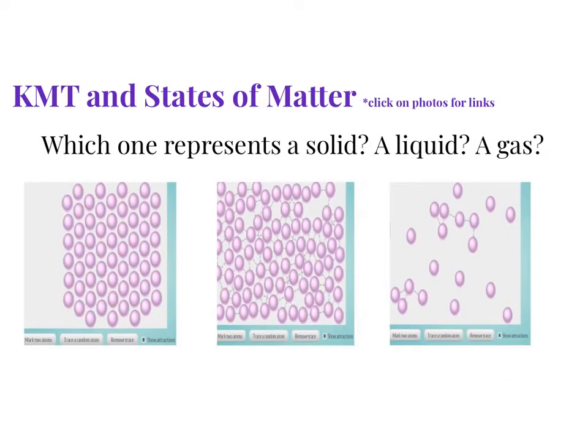So take a look at these pictures now. One represents a solid, one represents a liquid, and one represents a gas. And think back to what you know about how the molecules are arranged in a solid, liquid, and gas. Which one would you assign to which picture? If you said a solid for this one, a liquid for this one, and a gas for this one, you would be right.